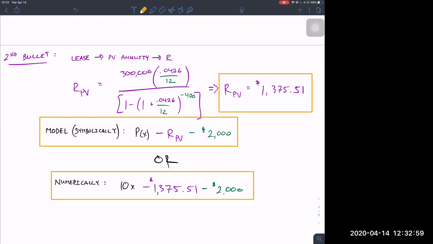Some students in the past have asked, hey, do I have to combine the 2,000 and the 1375.51? You could. However, as I mentioned before, and I also suggested, you want to keep not only the months separate, you want to keep the expenses and the profits separate as well, because if there's a change in the future or with the follow-up question, you'll be able to easily see it within your model and change it easily.